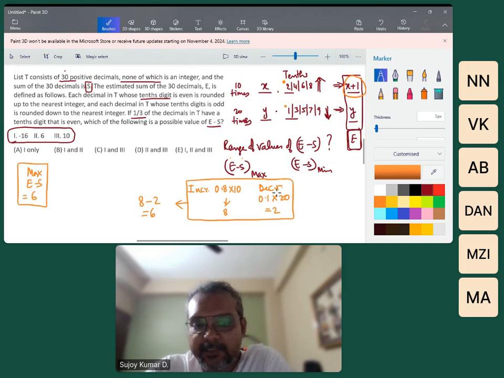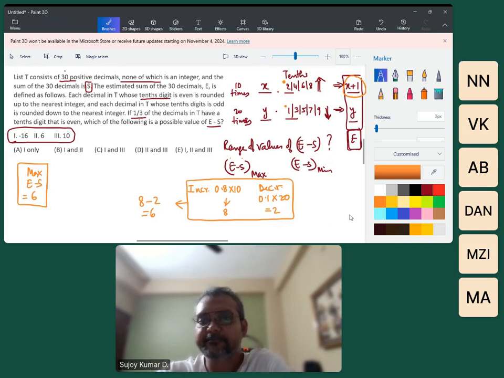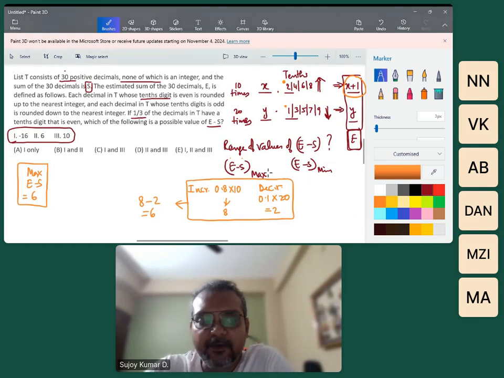Everyone please check whether this made sense till here. Anyone has any doubts? Because if this is clear, then the next part is very easy. You have to just do the minimum, just the reverse of this. So now what will be the reverse? We will increase very little. So we'll increase from 0.8 to the next number.